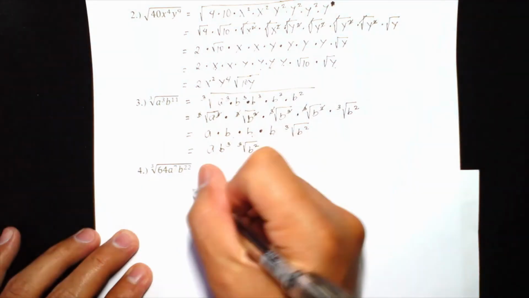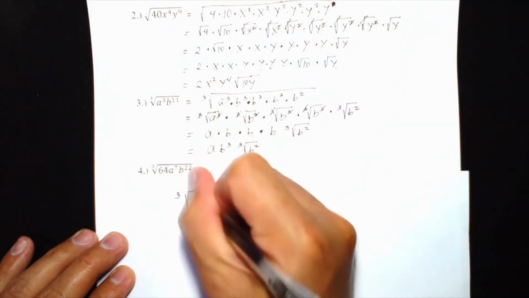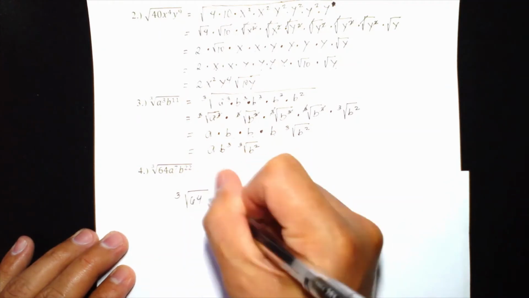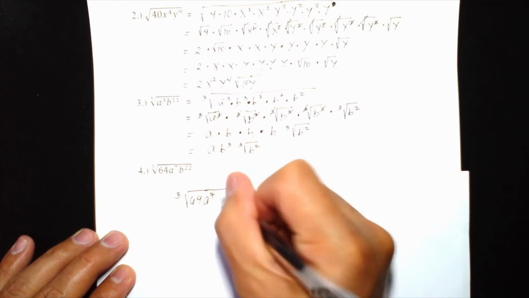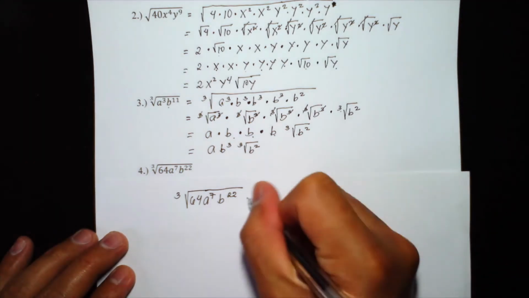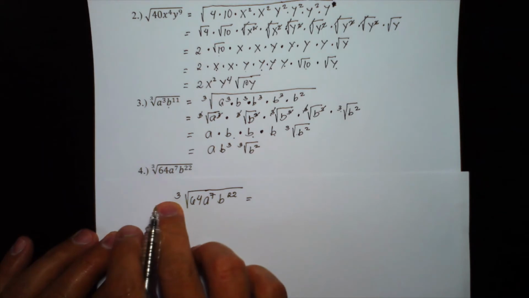So let's simplify the cube root of 64 a raised to 7, then b raised to 22. Okay, we need to factor this one with respect to the cube root.